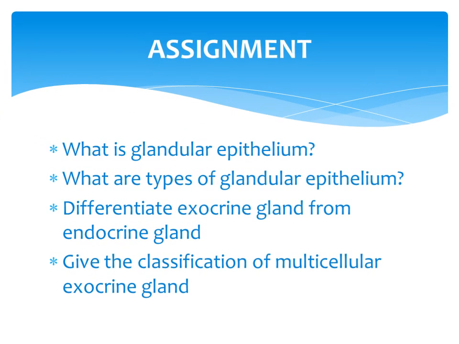The first one, what is glandular epithelium? The definition is given already here. Some of these cuboidal or columnar cells get specialized for secretion and are called glandular epithelium. Question number 2.